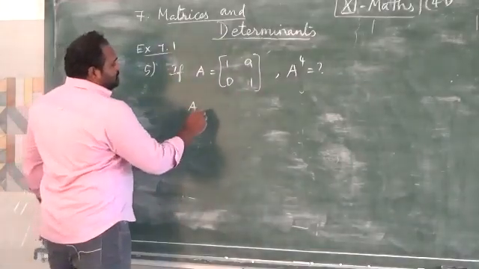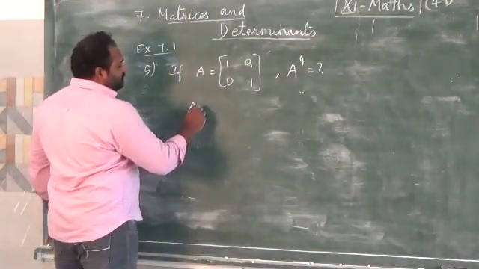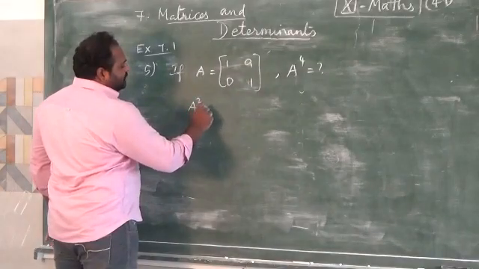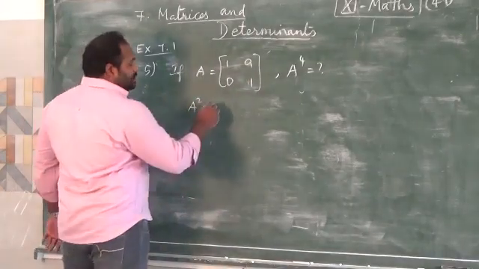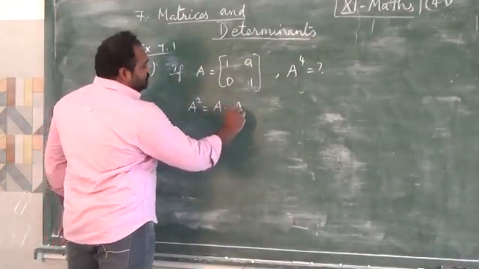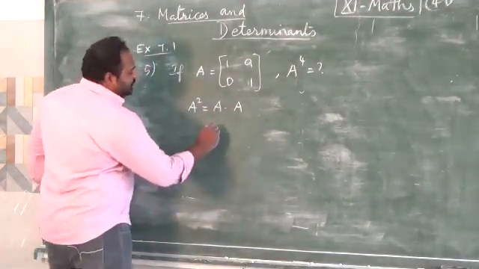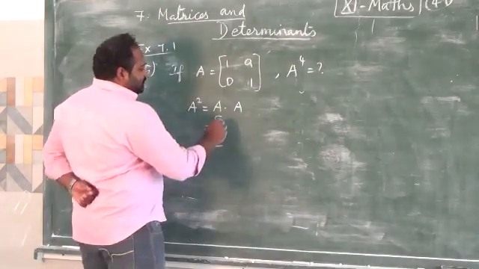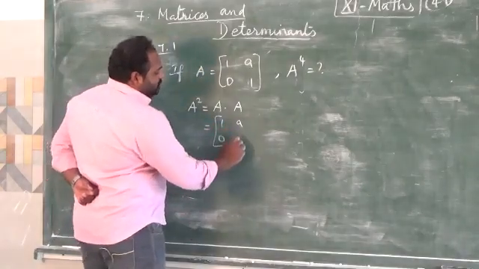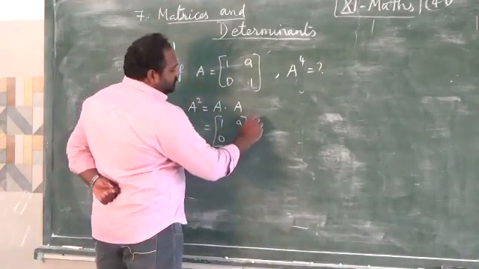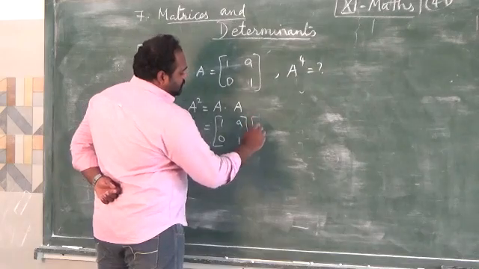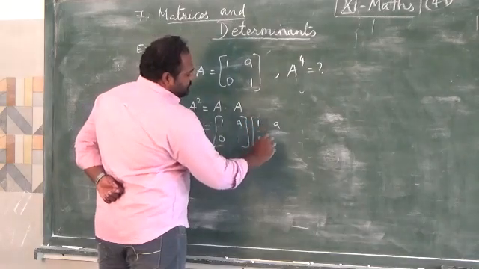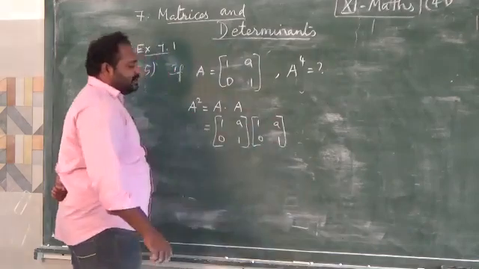First I am going to find out the A square matrix. A square can be written as A into A. So we have to multiply A into A, 1 a 0 1 times 1 a 0 1.